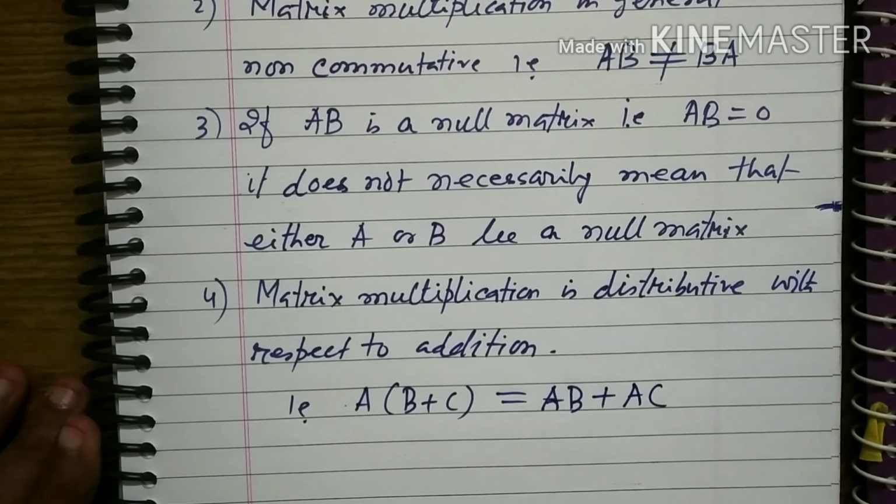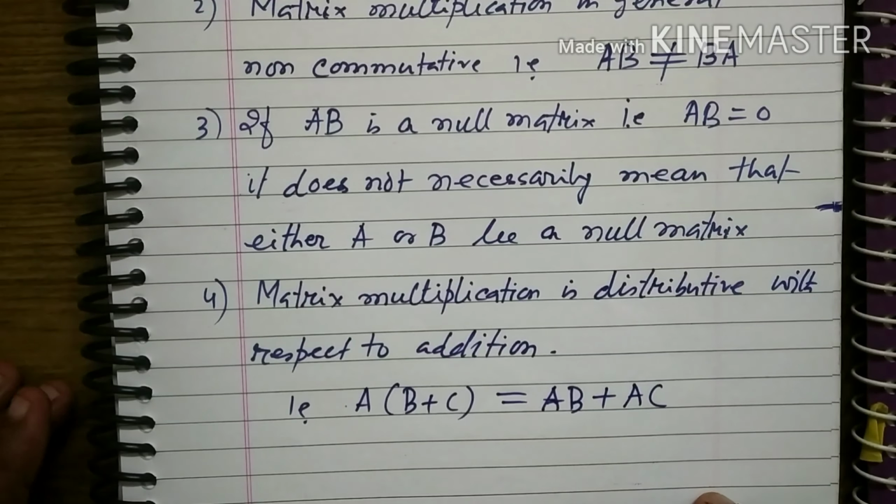It is satisfied. So these are the basic properties of matrix multiplication.